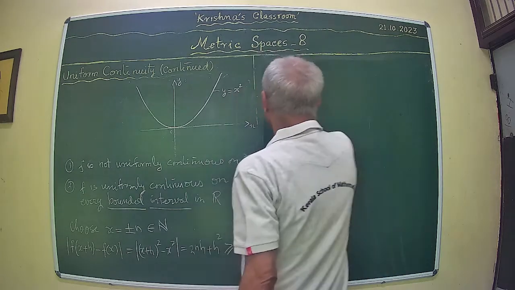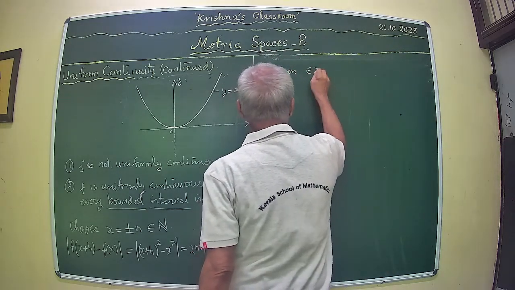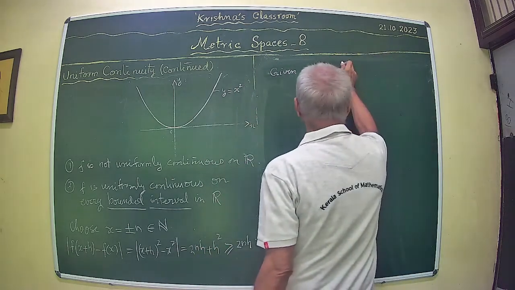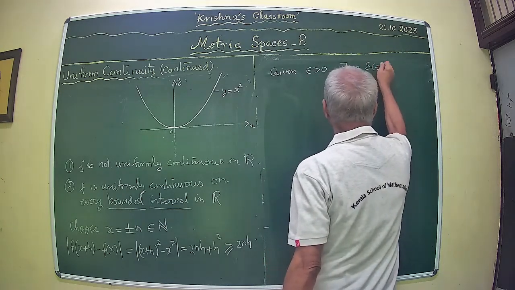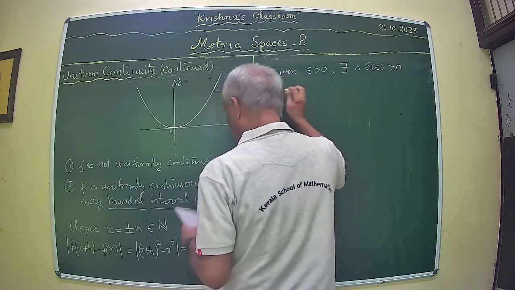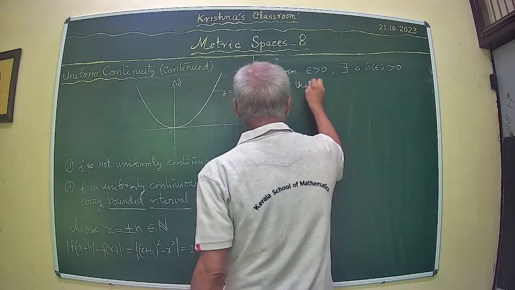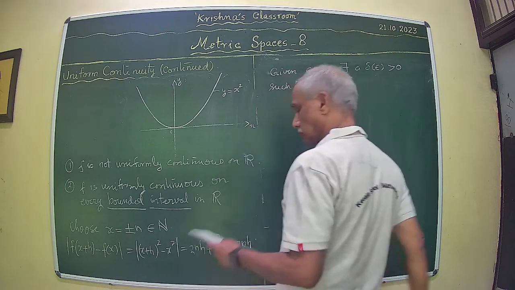So given epsilon positive, there exists a delta positive such that mod h less than delta.